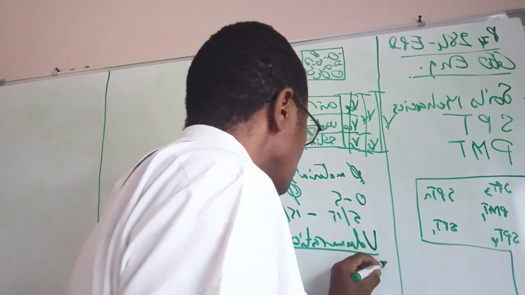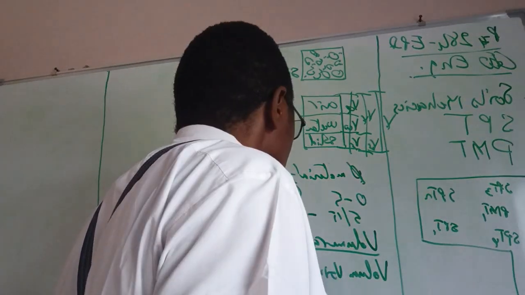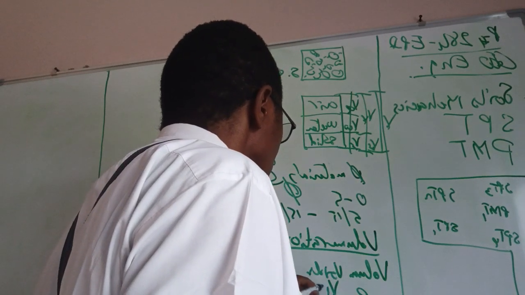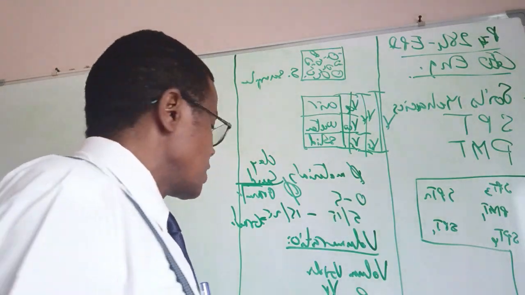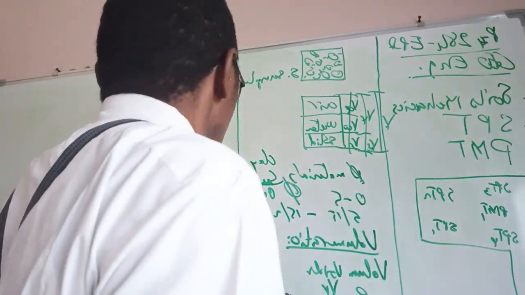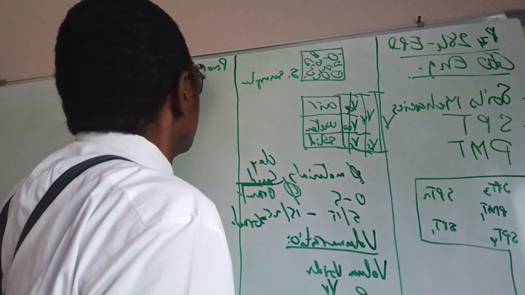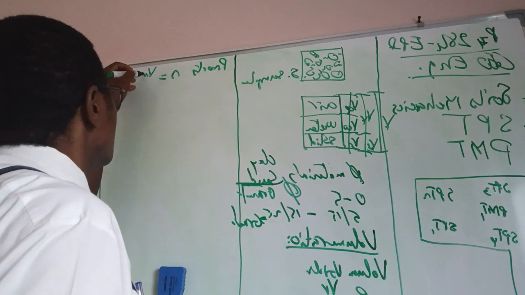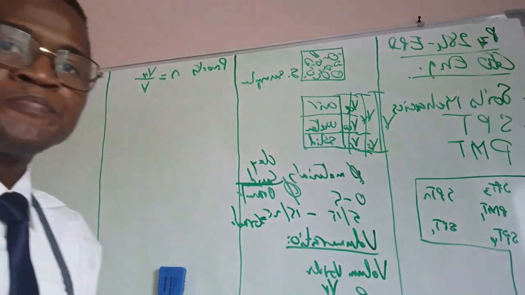That is the void ratio, labeled e, equal to the volume of voids over the volume of solids. Okay. Now you have porosity, which is n, equal to the volume of voids over the total volume.